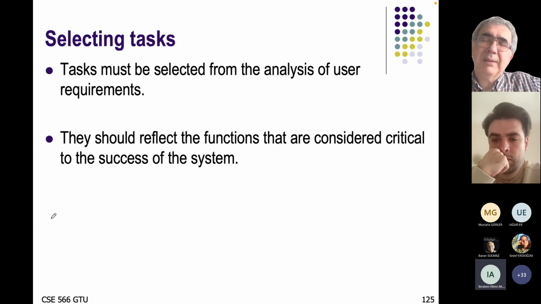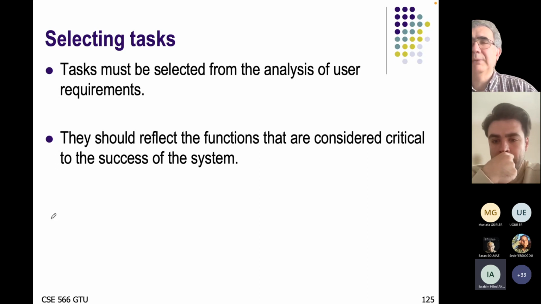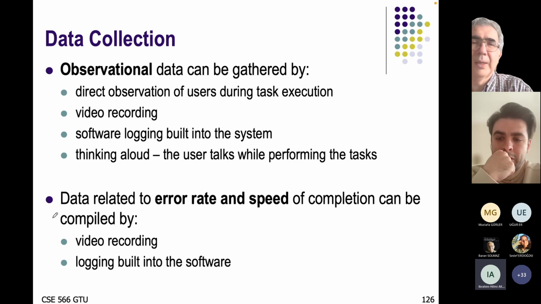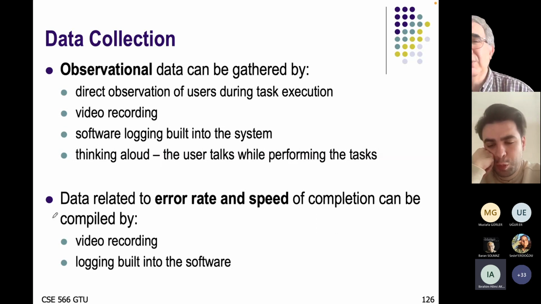Tasks must be selected as representative tasks, not so simple, not so difficult. So representative tasks from each section should be selected. And data is collected by direct observation, video recording, logging into the system, and as we said at the beginning, thinking aloud can be used.